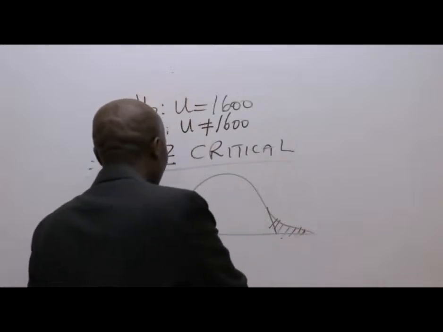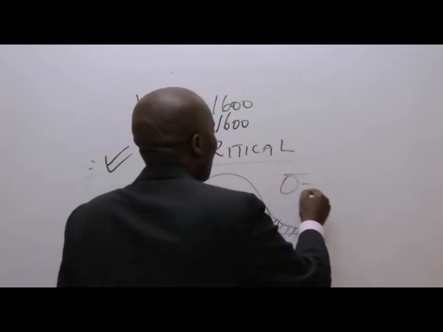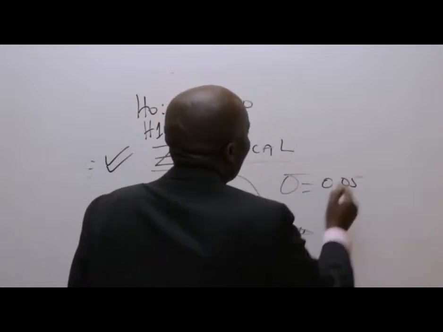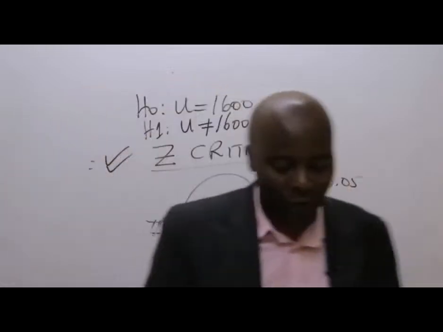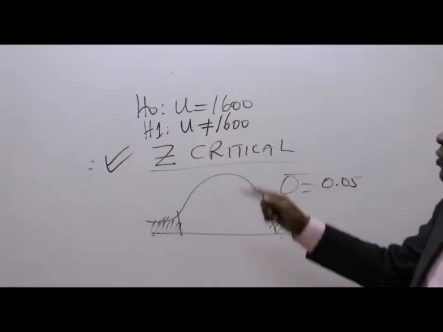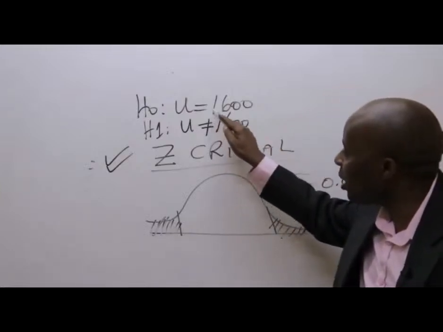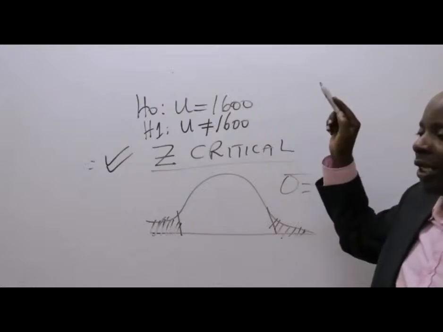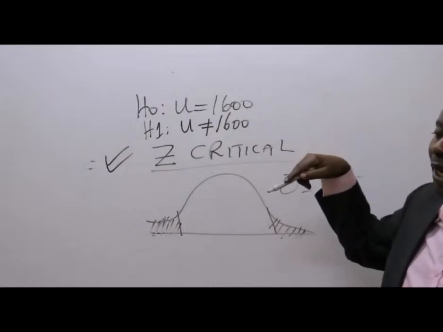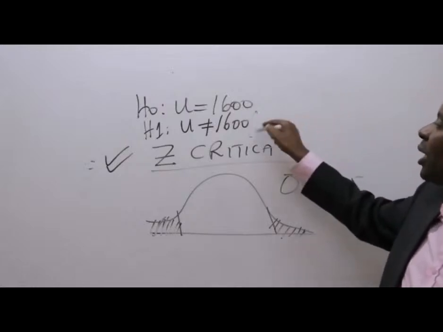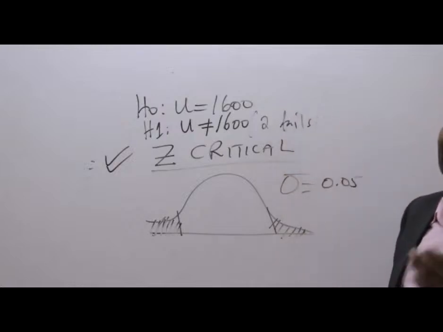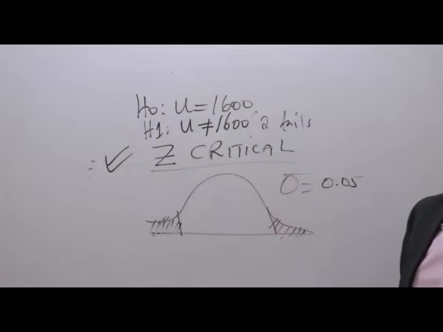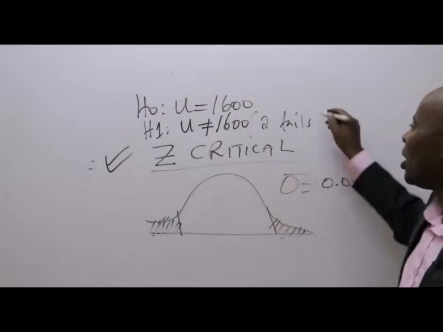He has told us that the level of significance happens to be 5%. 5% happens to be 0.05. The moment you give me the level of significance, given that this one is a not equal and it can go either way, there are two directions, it means that you are handling a two-tails test. It's not a mono-sided figure.